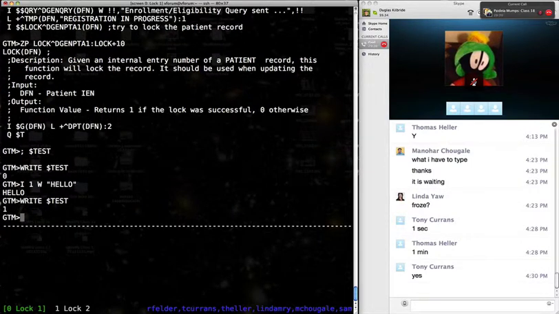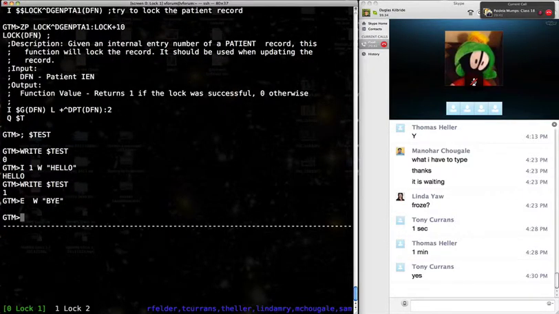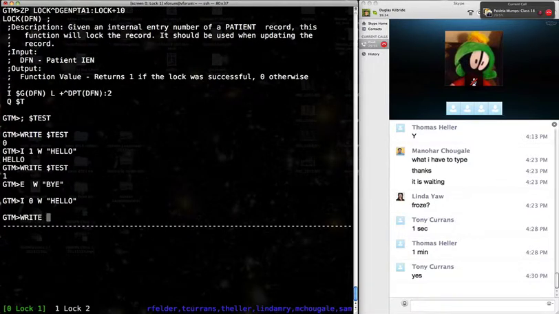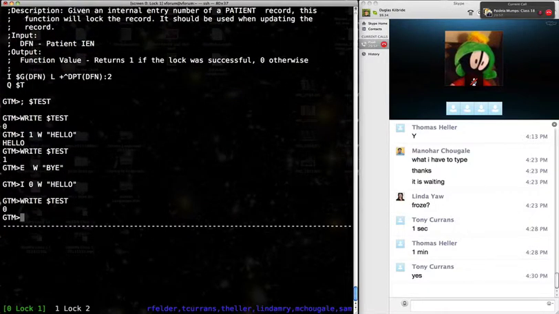Now MUMPS knows that $test is 1. Therefore, when I write the else command, let's write by, and it doesn't work because $test is not 0. So let's give it another try. If 0, this means if it's not true, write hello, write $test, else write by.